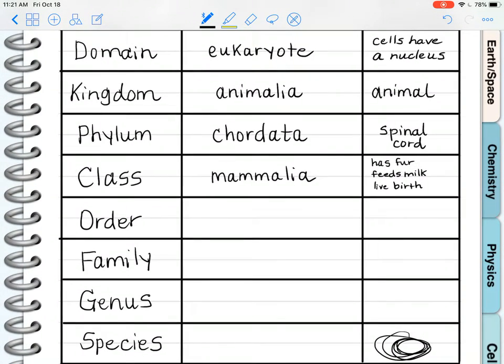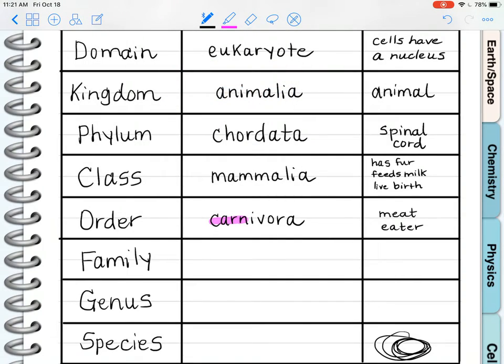Okay, order. This will help you too. Carnivora. Carnivora is a meat eater. So whatever this animal is that I'm trying to help you guess, it is a meat eater.